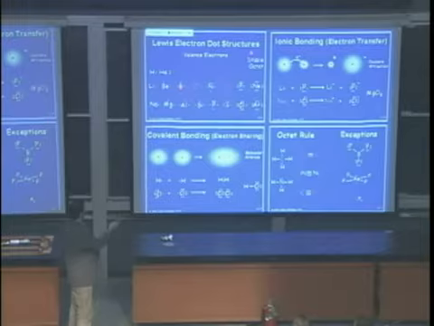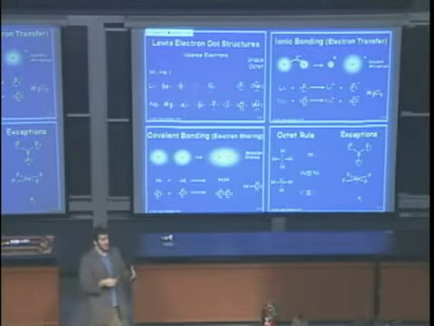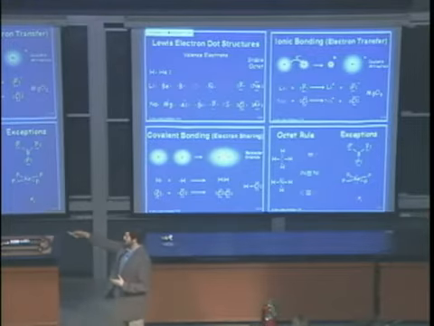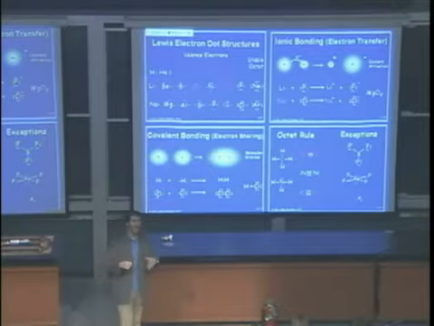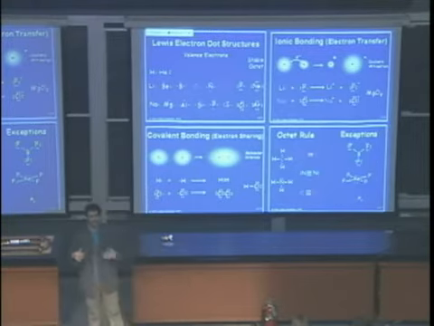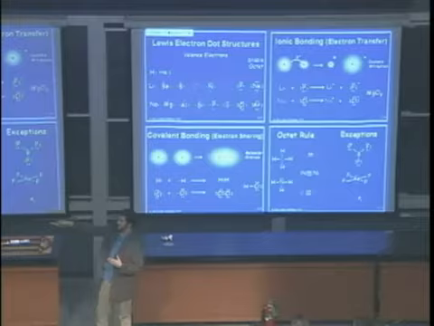So our stable configuration we get from looking at the noble gases. These are helium, neon, argon, krypton, xenon, radon, and they have full sets of orbitals. For example, helium has 2, neon has 10, which in the valence shell is our 2s and our 6 2p electrons.